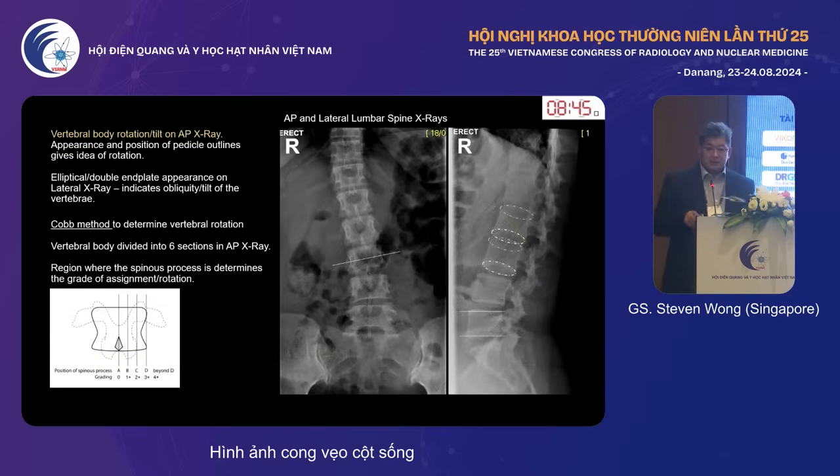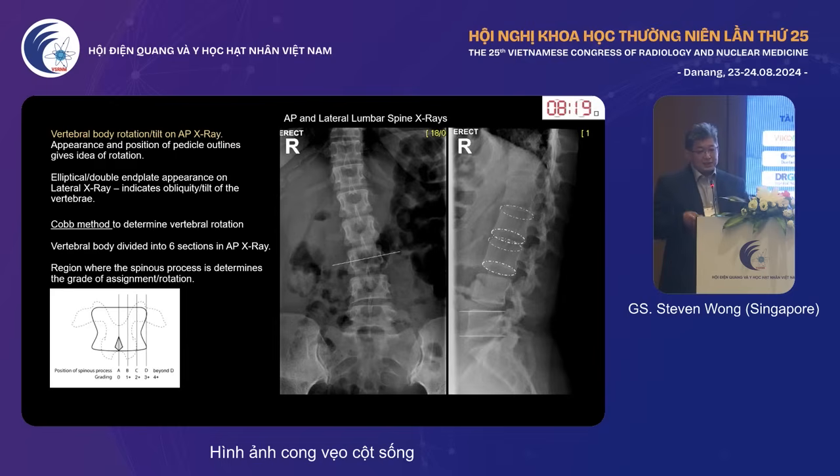Right, and another element is, do you really need to assess the degree of rotation of the vertebral bodies on X-ray? You can if you want to punish yourself. I've actually stopped doing it because I know invariably my patients will come for a CT scan or come for MR, and I'll do the measurements of the rotation then rather than doing it.